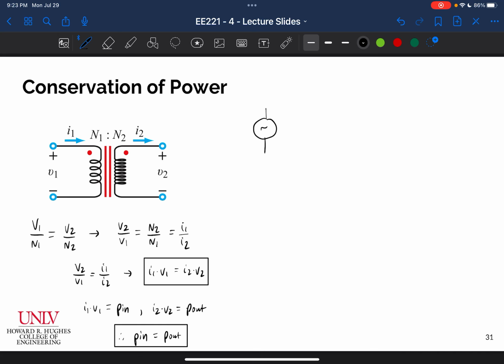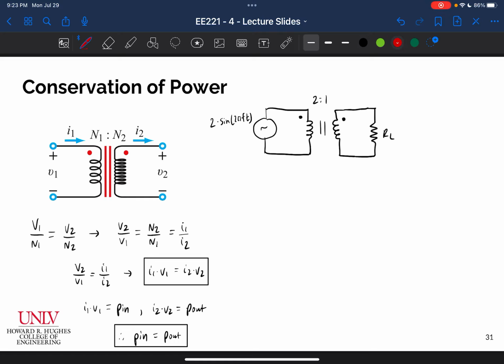Say I've got a source here driving, I guess this is pretty similar to what I already did in the previous slide, a resistive load, RL. And let's just say that the source is 2 times the sine of 2 pi ft. And let's say this is a 2-to-1 transformer, okay?